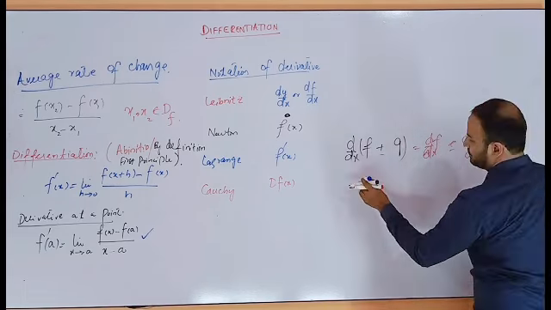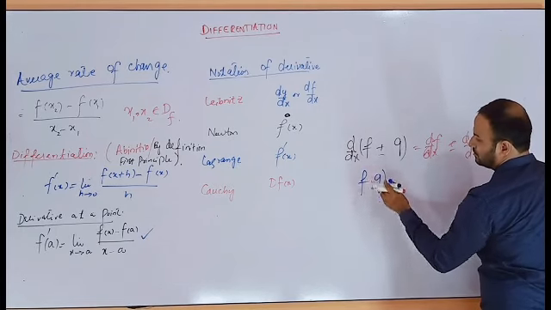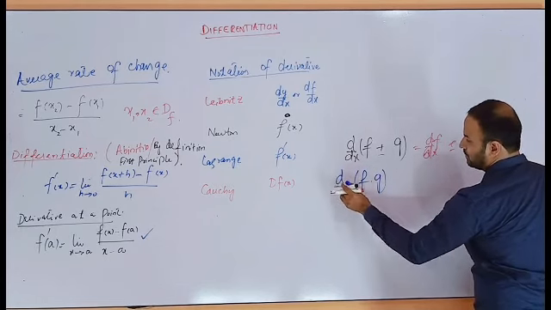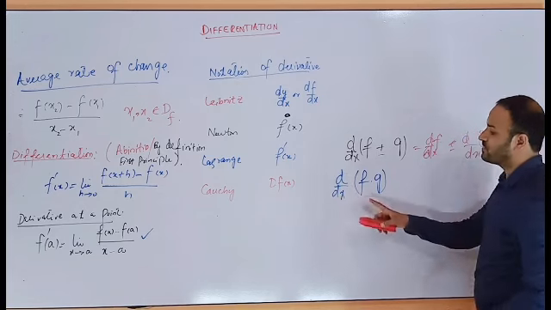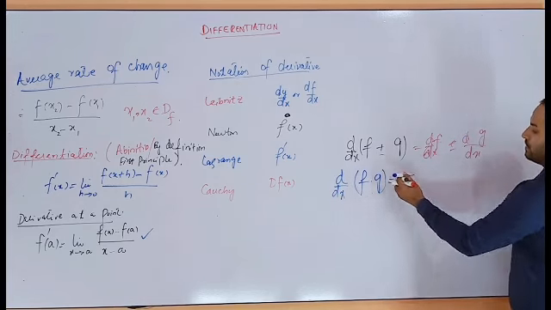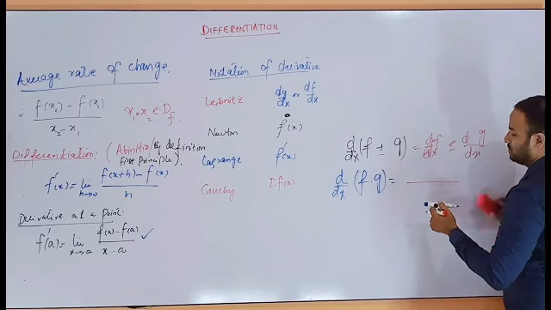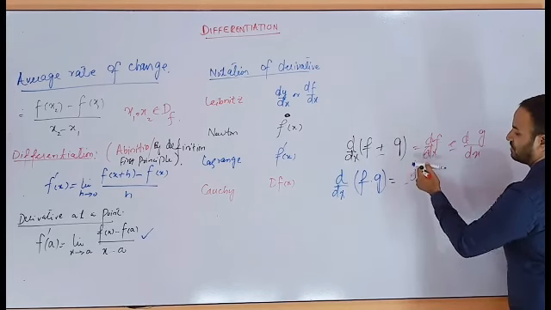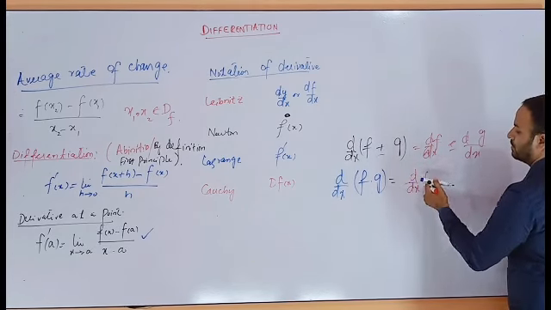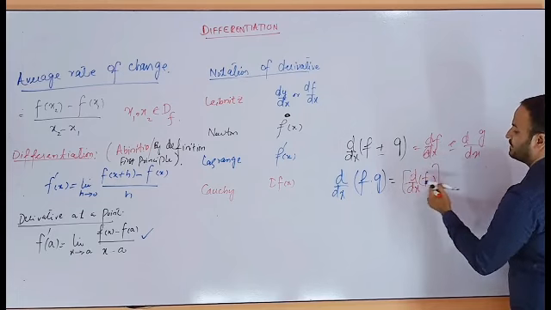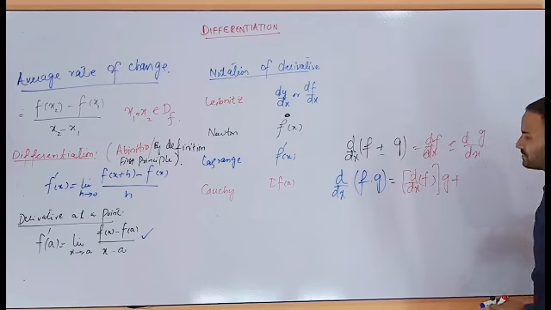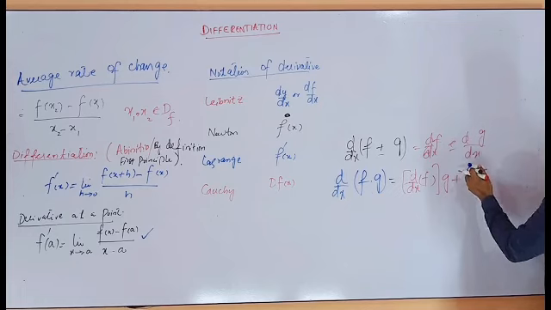Okay. If there are functions multiplying each other, both variables of x, and you want to take the derivative, then it is the derivative of the first function, second remains as it is, plus the first as it is, take the derivative of the second function.